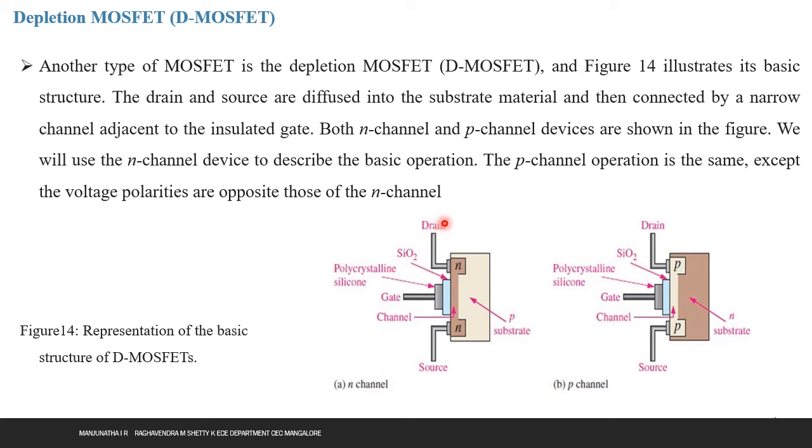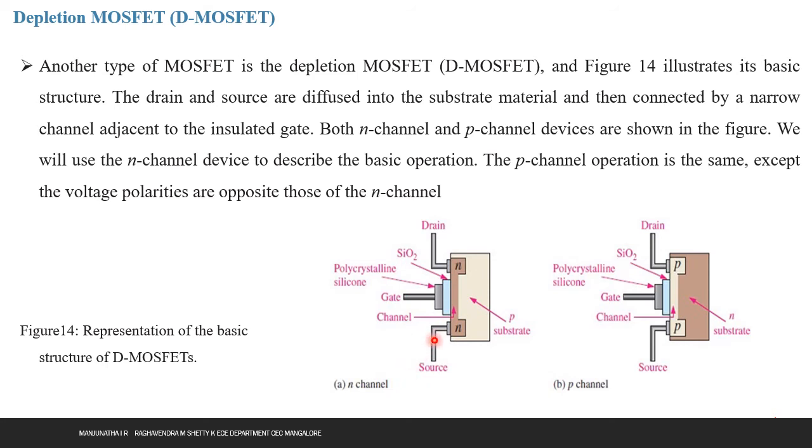Again, drain, gate and source are common, and the drain and source N regions are diffused in the P substrate. This is all about the N channel, and the operations I'll discuss later.